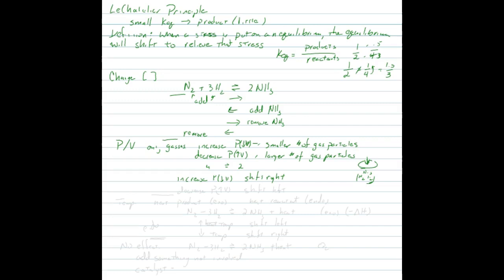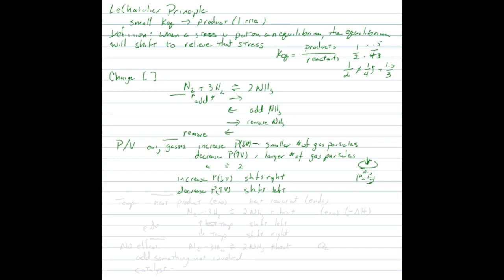But please don't say, if you increase the pressure on the left-hand side of the equation. Don't do that. Bad. And reverse, if you decrease the pressure on this example, which means you're increasing the volume, it will shift left.